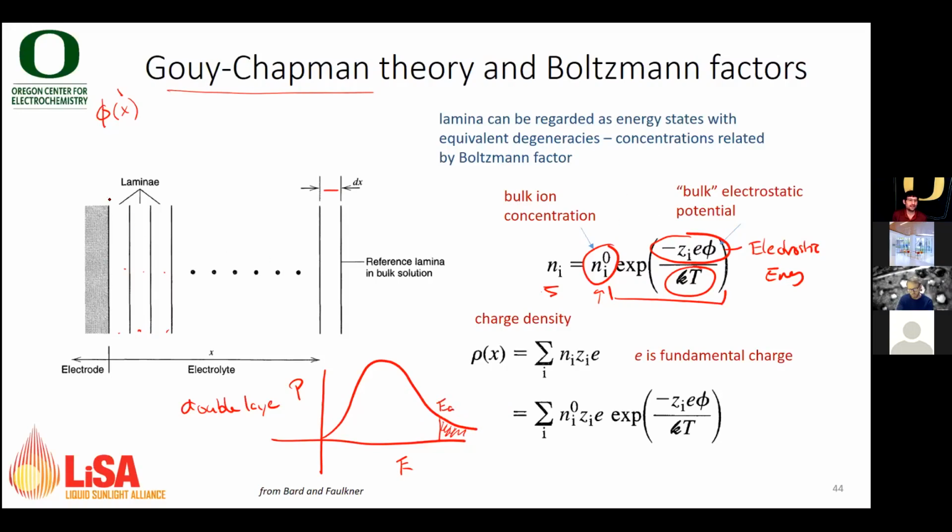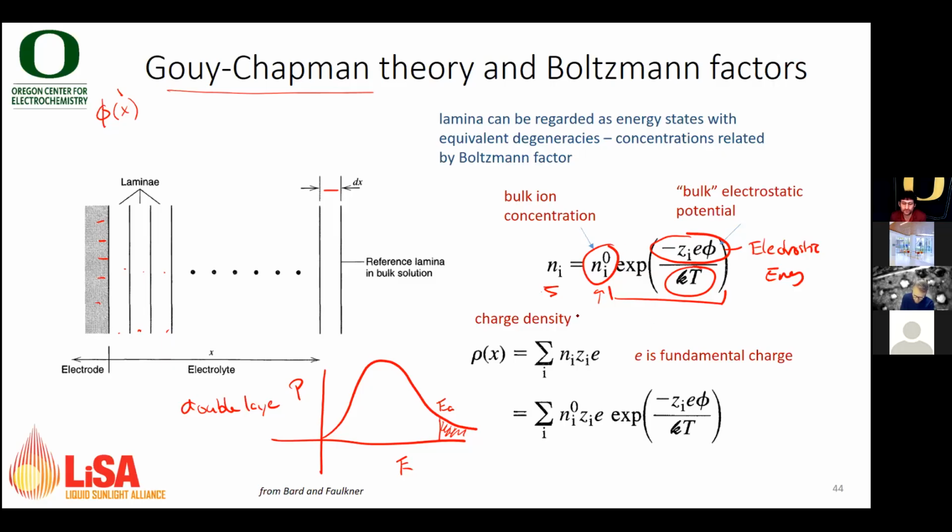Or in this case, imagine there's some negative charge here, and I'm talking about the location of positive ions in these lamina. They're going to feel an attraction, right? So there's going to be an accumulation, whereas if I am talking about negative ions, there's going to be a depletion in this region because of the electrostatic energy that's modulating the bulk concentration.